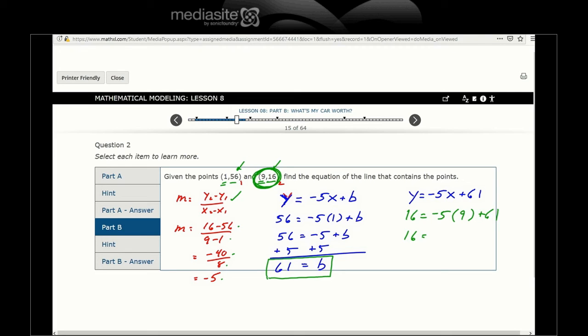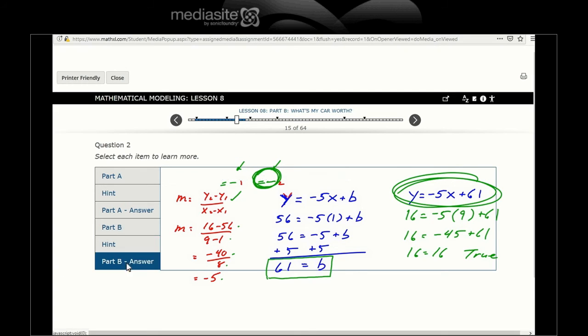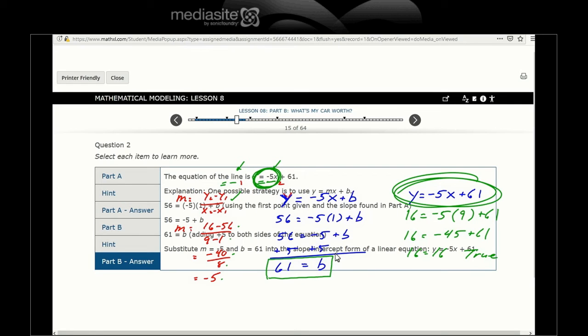Minus 5 times 9 is minus 45, and 45 from 61 is 16. True. And we find indeed that that's the correct answer.